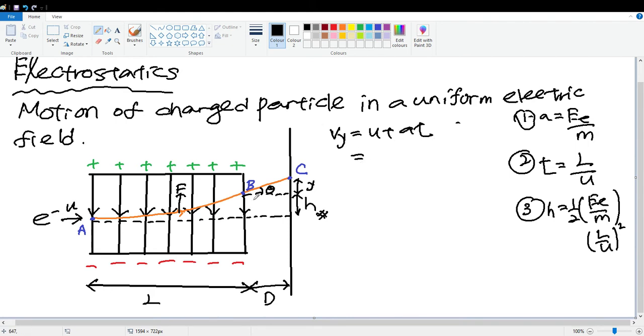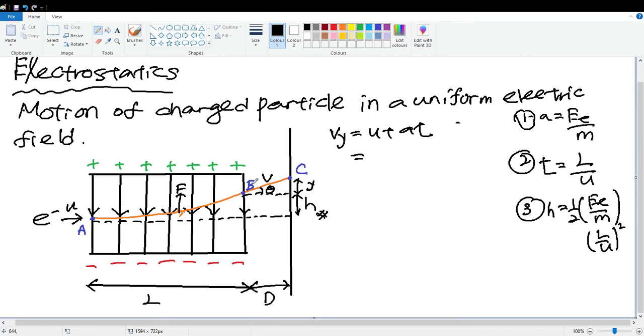Initially, I explain again, the initial velocity is u, and on entering this region of the electric field it is u as well. After leaving the region of the electric field, the resultant velocity, I should write this one as v, shall be our final velocity.